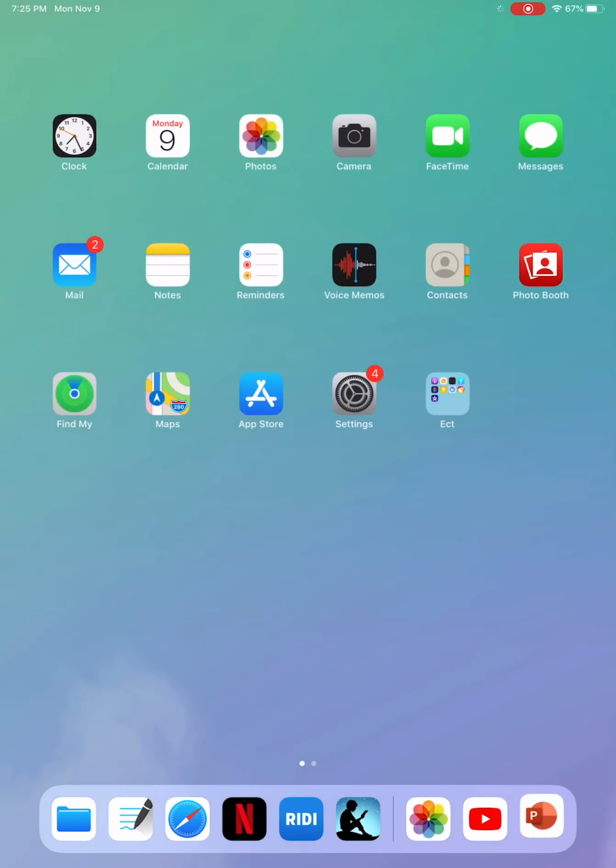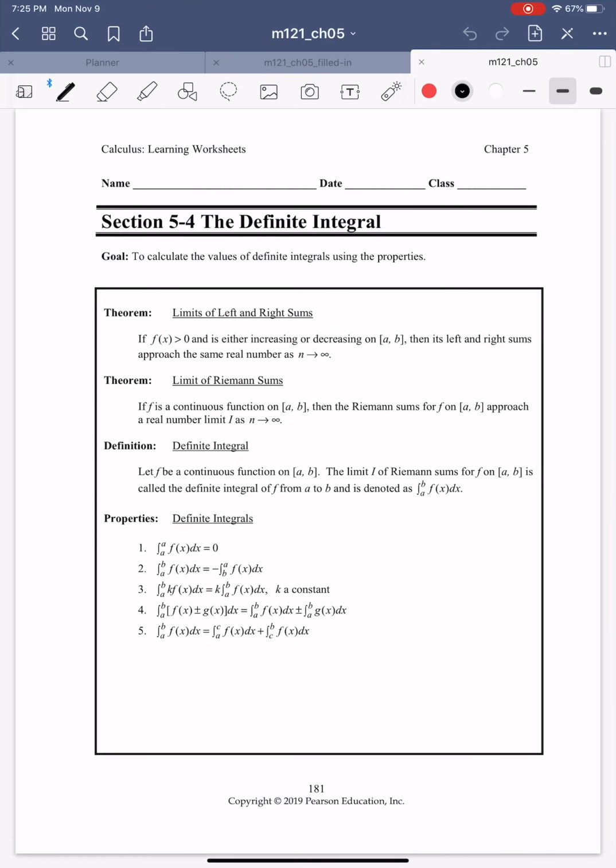Now I'm going to pull out our notes and go over the two theorems that we just went over. The limits of left-right sums. If we start creating rectangles using left and right and create a bunch of rectangles, and eventually go to infinity, as many as possible, you're going to get the whole area underneath the curve.